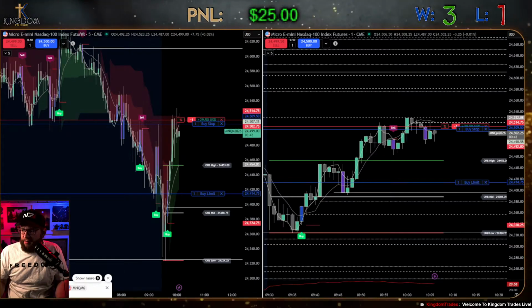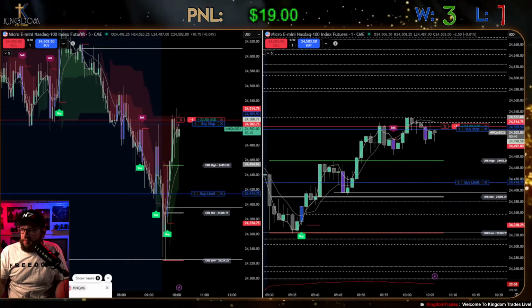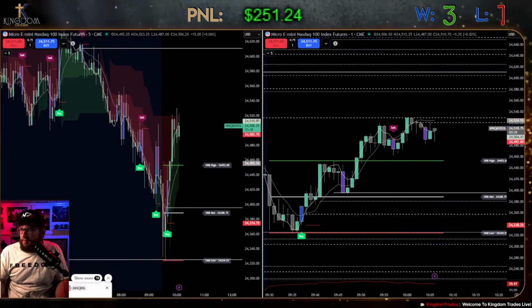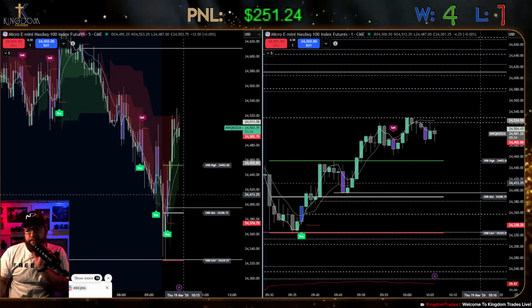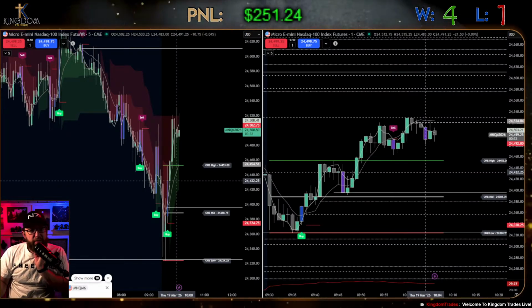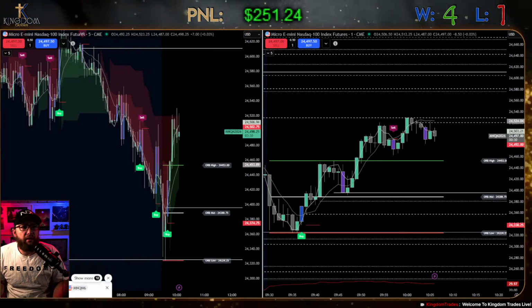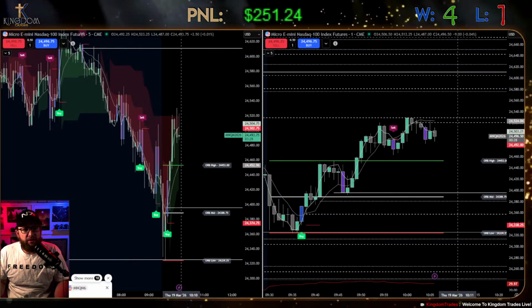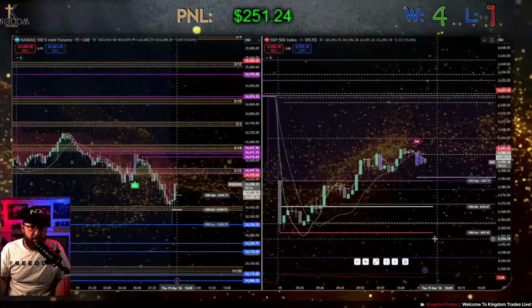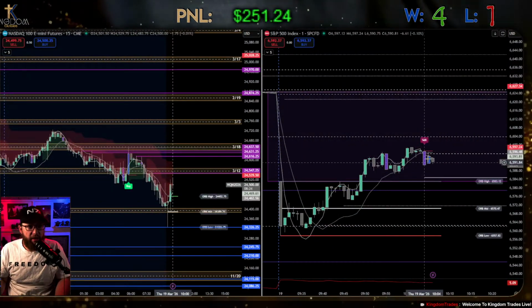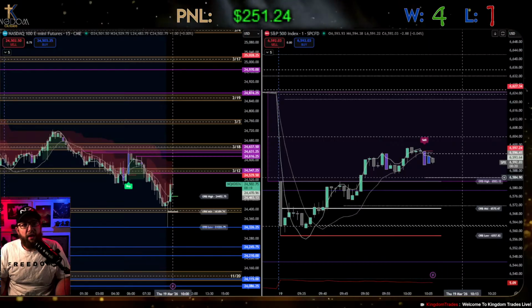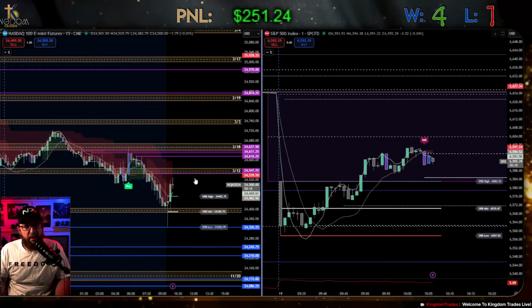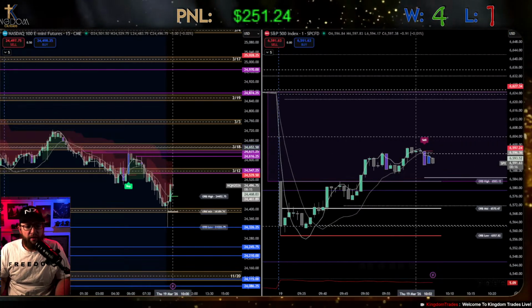Kind of ranging here. Got most of that back. The SPX had a sell. 1-minute cross. I took the trade on the top of the 1-minute cross on SPX. So I had the 1 minute, and then it came up, tapped it. It wasn't blue at that point in time, tapped it. So I took the sell up here, pushed back down. And then now we have a range. We have an SPX range.